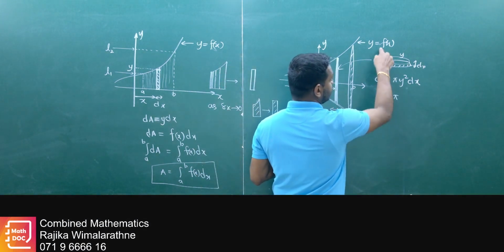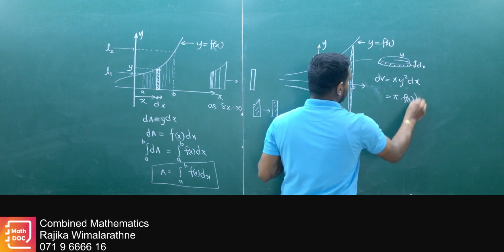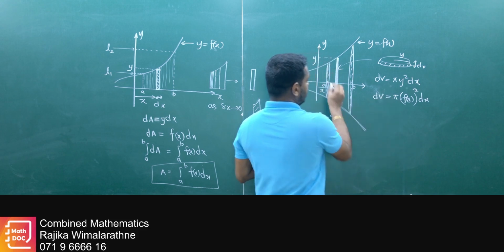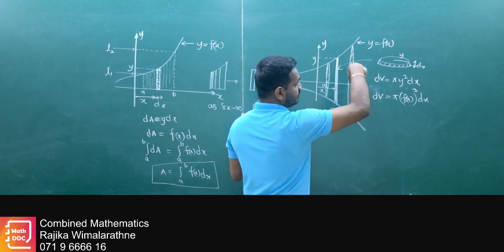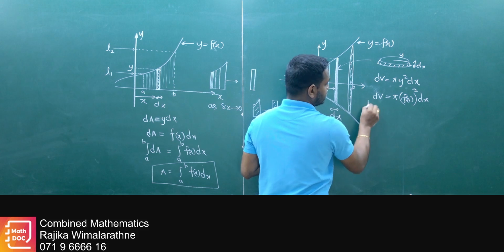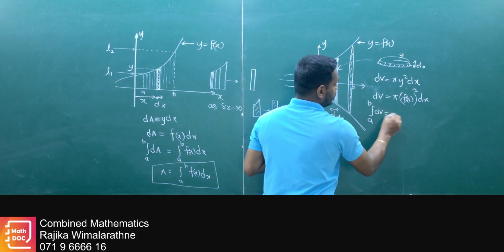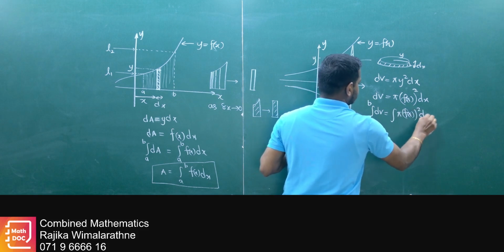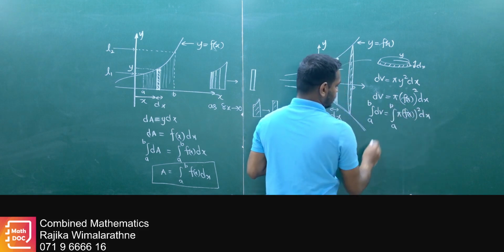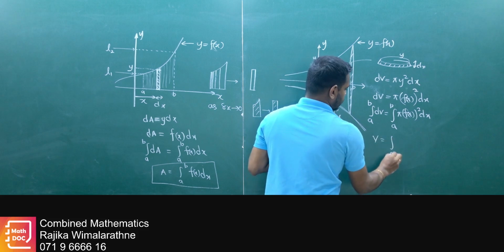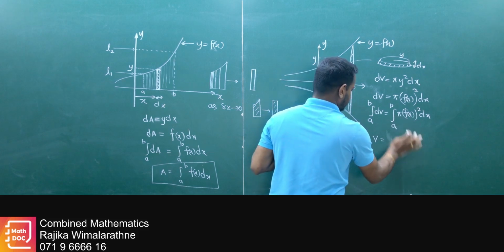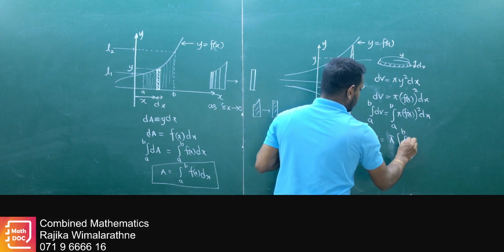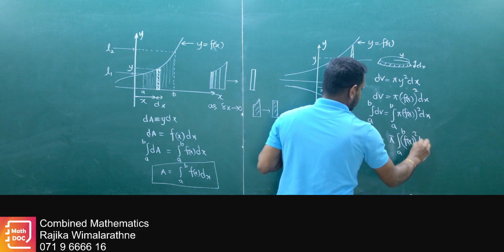Here y means f(x), so dv equals pi y squared dx. Now you add those small parts from a to b using integration, which takes the addition: the integral from a to b of pi f(x) squared dx.